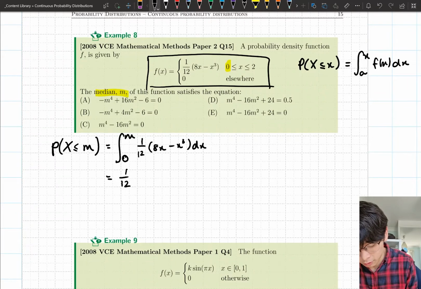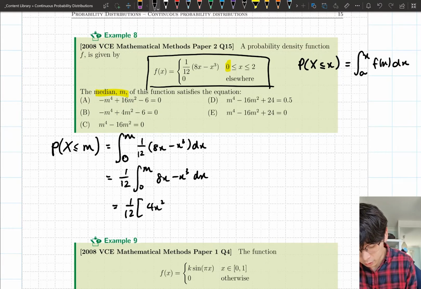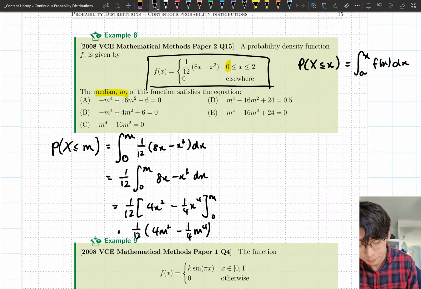I'm just taking out the 1 over 12 to make it a little bit easier for me. And this just becomes 4x squared minus 1 over 4 x to the power 4, from 0 to m. And so this becomes 1 over 12 (4m squared minus 1 over 4 m to the power 4).